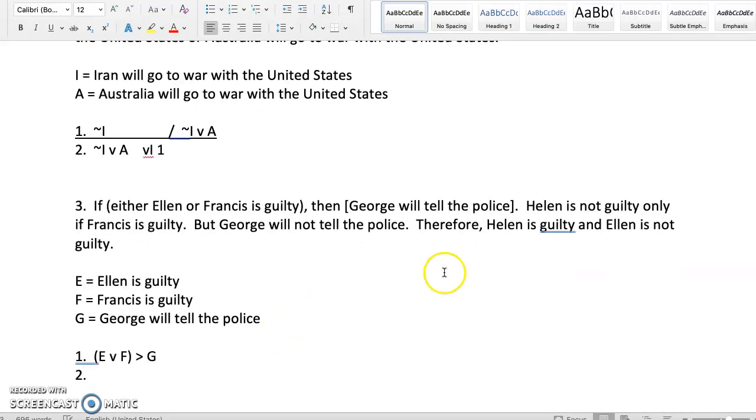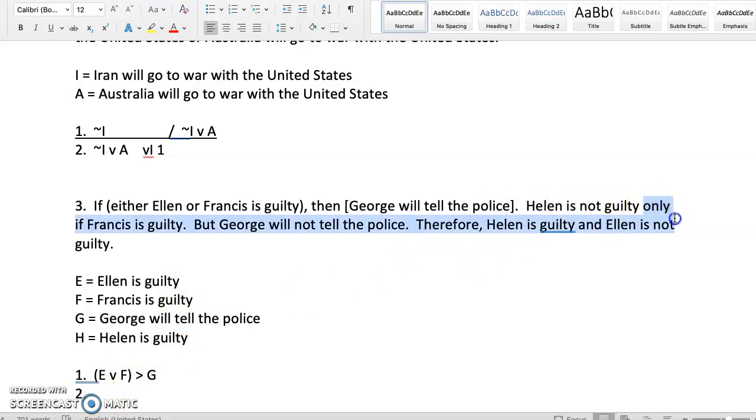All right, sentence number 2. Helen is not guilty only if Francis is guilty. Okay, so we need another sentence there for Helen. Helen is guilty. Again, notice I'm not translating the not. That's going to get represented by the negation, by the tilde. So we've got Helen is guilty and Francis is guilty, which we already have. Okay, so this is now an only if sentence.